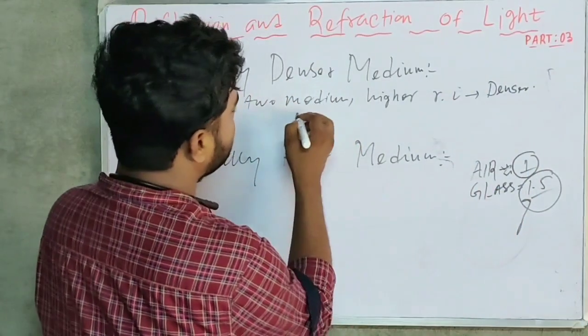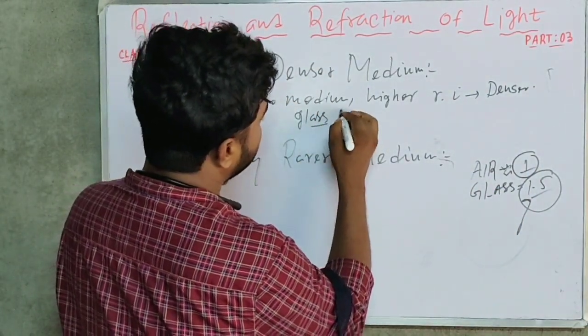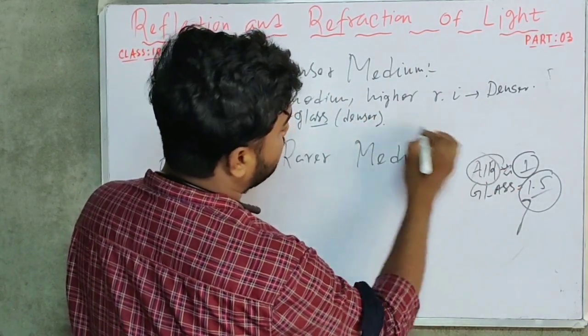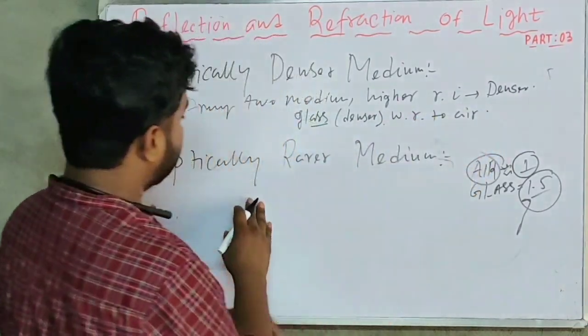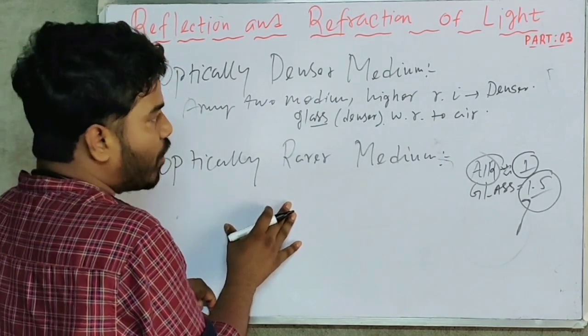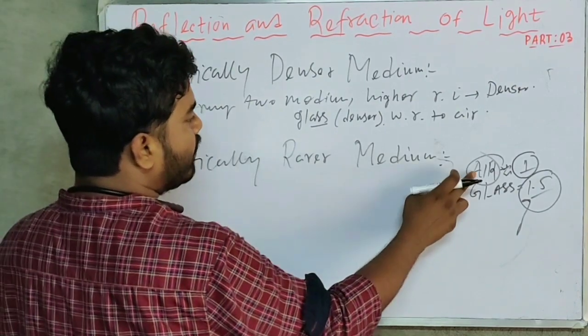So here glass is the denser medium with respect to air, and between two media, the medium which has lower refractive index is called the rarer medium, and here the lower refractive index is air.